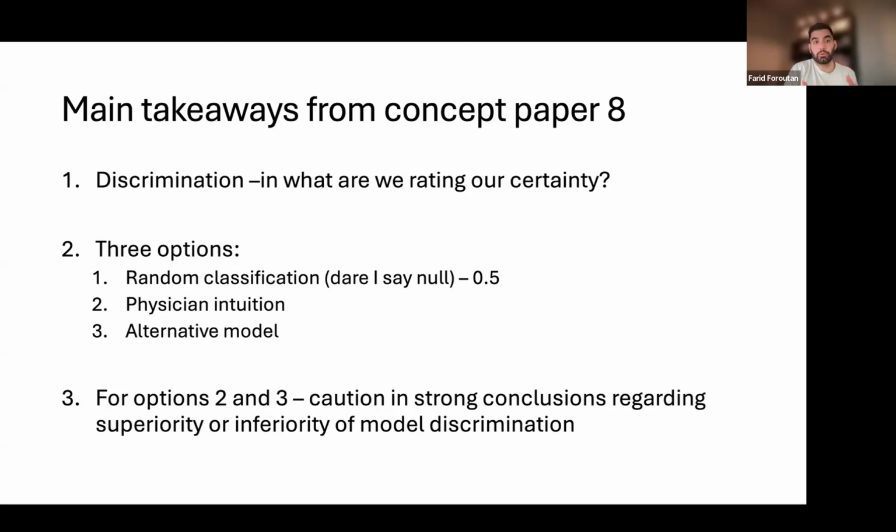So we don't have official GRADE guidance, but these principles in concept number 2 and 8 helped us to digest the body of evidence that we got from a systematic review of all the prediction models that are available for patients with diabetes. Based on the findings of that review, we were able to tell the panel that RECODE, which was the name of the model, is the best performing model.